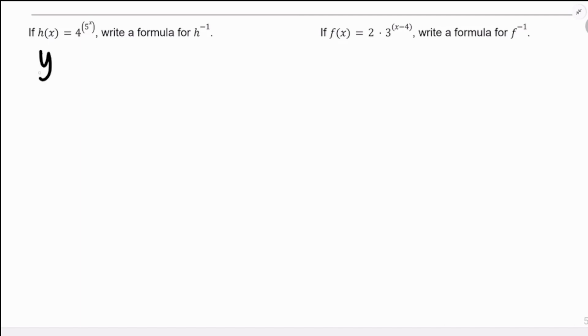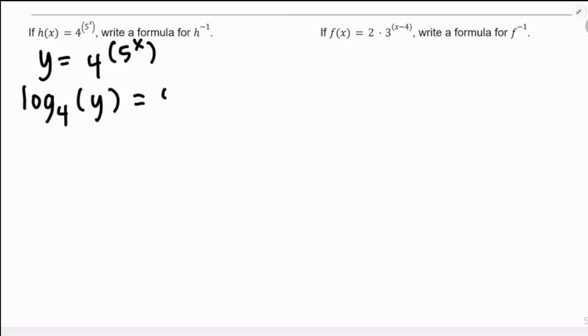So y equals 4 to the power of 5 to the x. Okay, so if we want to get the x down, we're going to have to get it out of the exponent of 4. So the first thing we're going to want to do is take a log with base 4 of both sides. And then if I want to get that x down, I'm going to have to take a log with base 5 of both sides.